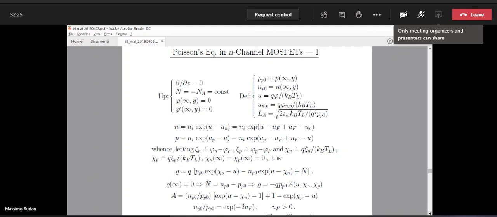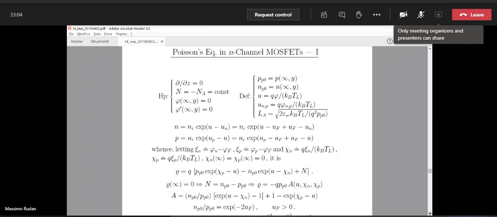We must use the quasi-Fermi levels or potentials, okay? So we introduce the normalized quasi-Fermi potentials, un, up, and of course the normalization is with q over kT, okay? And then we remind the definition of the Debye length for the holes, that's the square root of 2 permittivity kT over q squared pp0, okay?